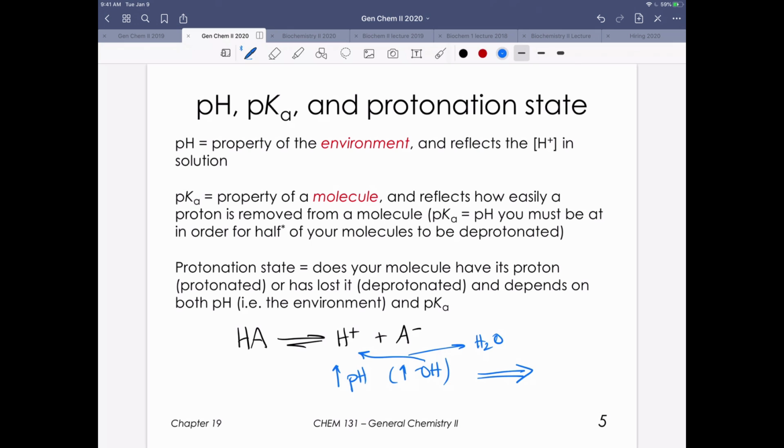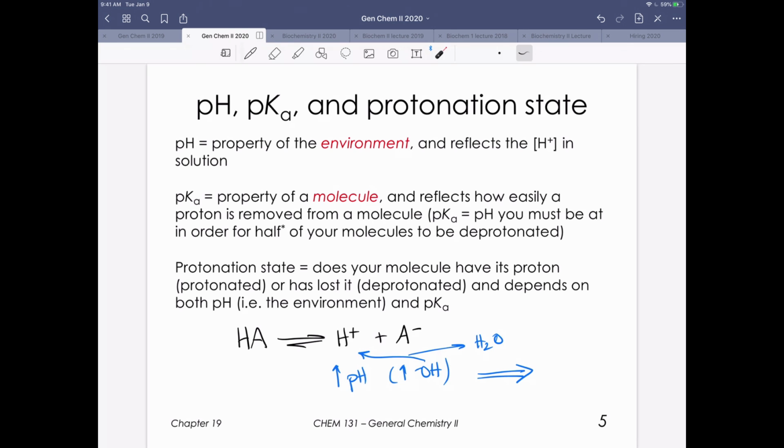So again, if we want to get a molecule to let go of its proton, if we increase the concentration of hydroxide, it can pull the protons off and shift this equilibrium to the right. Increasing hydroxide concentration happens when we increase pH, and so that's going to happen when we have a weak acid, something that's holding onto its proton more tightly.